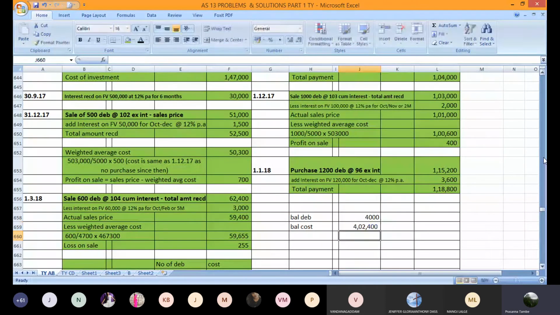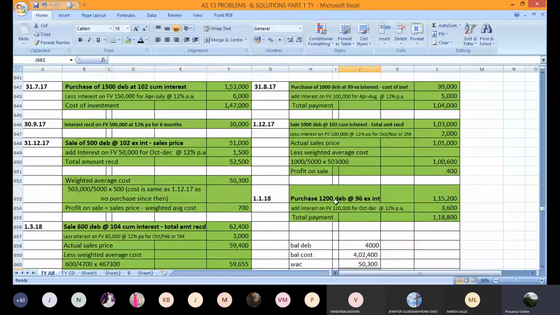It will be 4,02,400 divided by 4,000 multiplied by 500. So it should come to the same, 50,300. Whichever way you do it, the answer is the same. See, there is no purchase between these two dates, that's why I took that shortcut. Otherwise we could have done the full calculation like this. So the working note is clear to everyone.